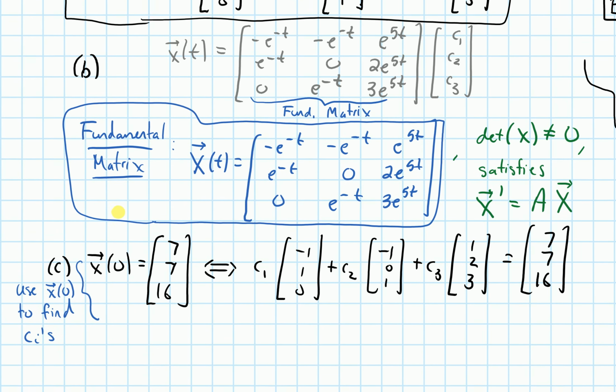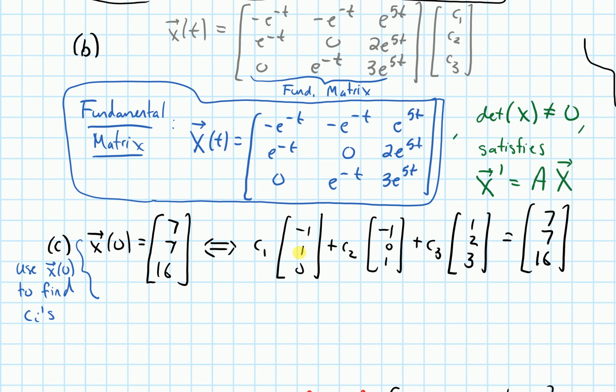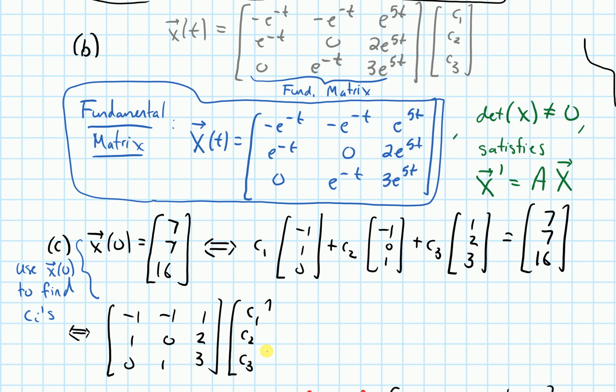All right. So at this point, we have a linear combination of some vectors on the left-hand side. We can rewrite that in matrix form. The columns would be negative 1, 1, 0, negative 1, 0, 1, and 1, 2, 3. That matrix multiplied by the vector C1, C2, C3 should be equal to 7, 7, 16.